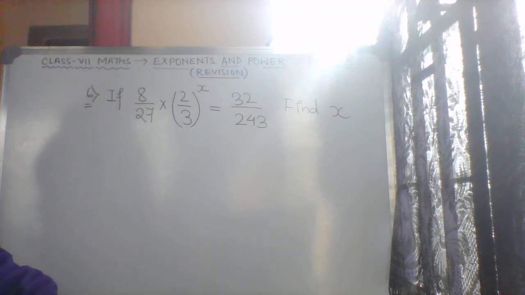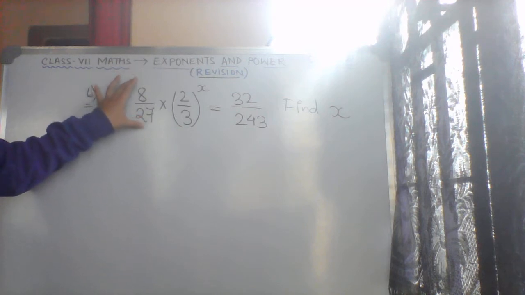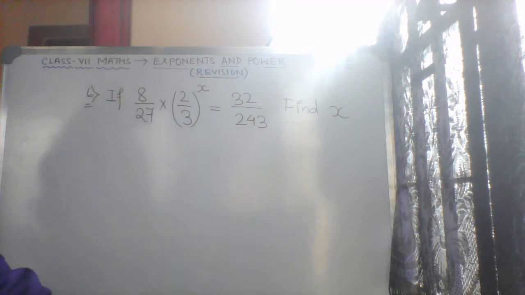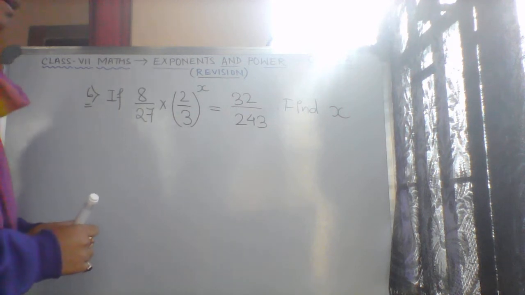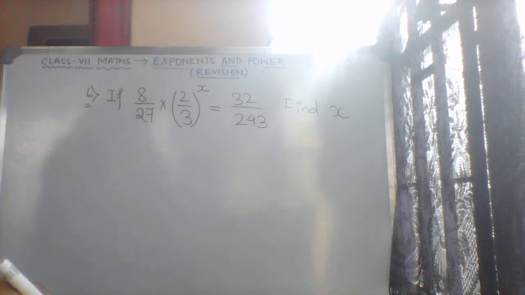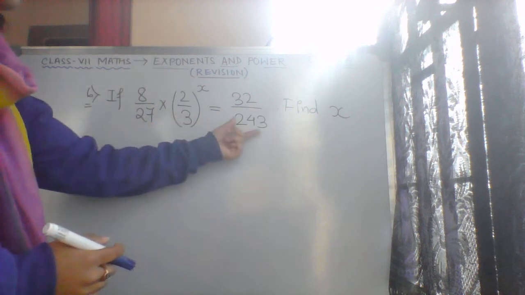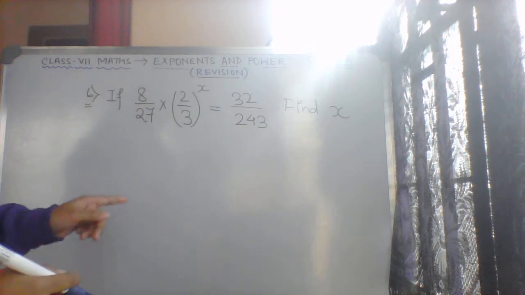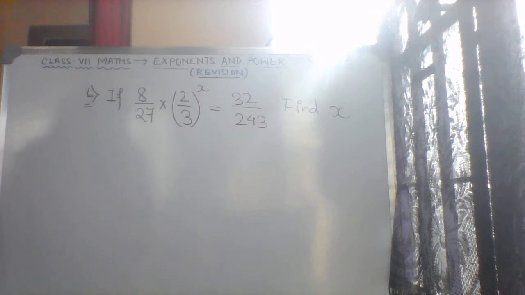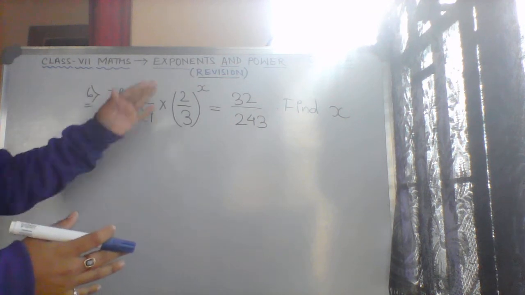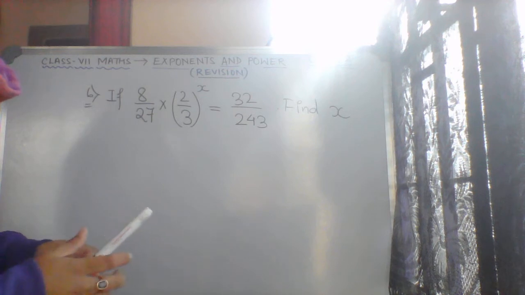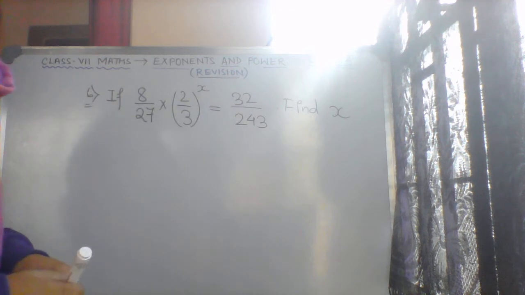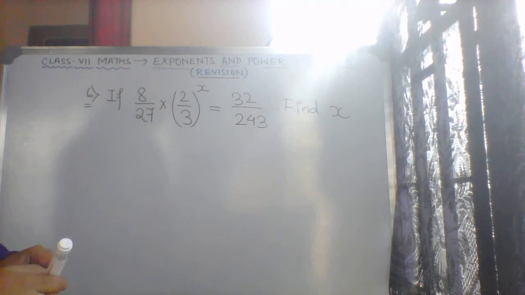So how to find that value of x? You will take this 8 by 27 to that side, then solve, which will be better. Okay, let us try a different method. With 32 by 243, whenever you get this type of thing, you just go for prime factorization and write 32 and 243 in exponent form.